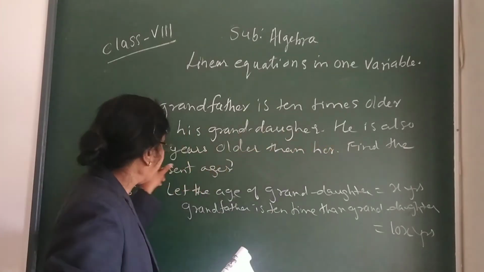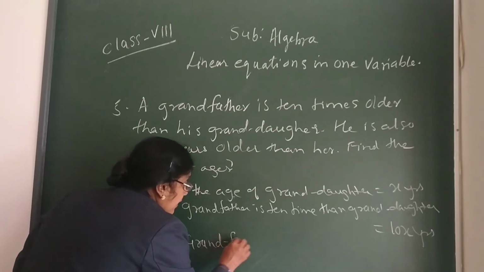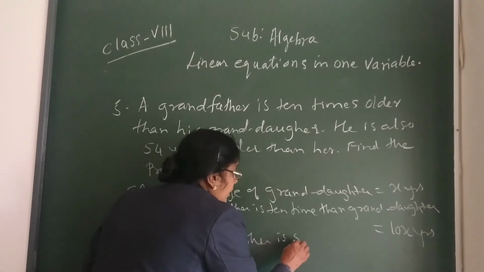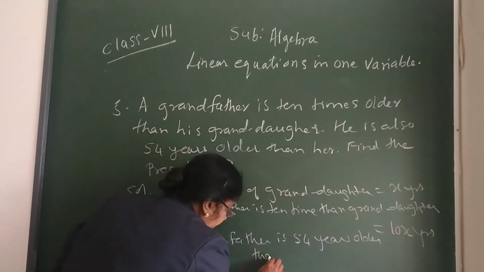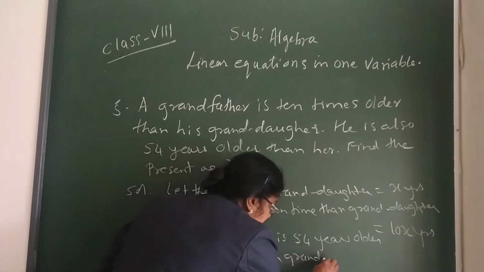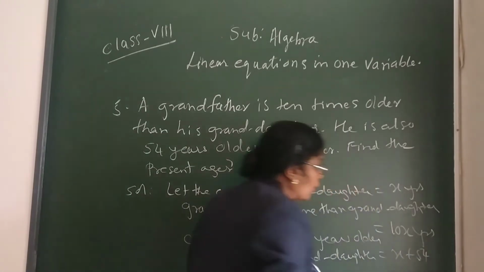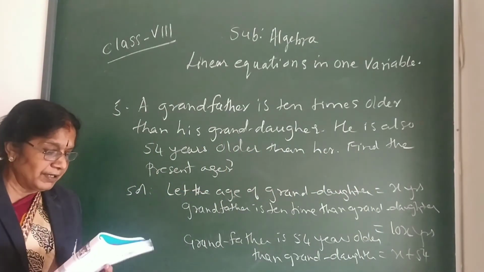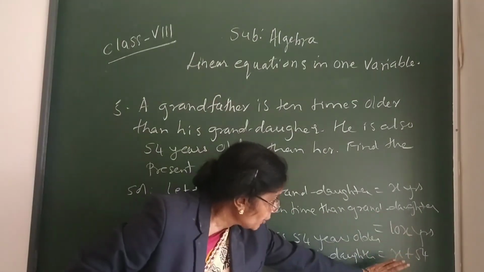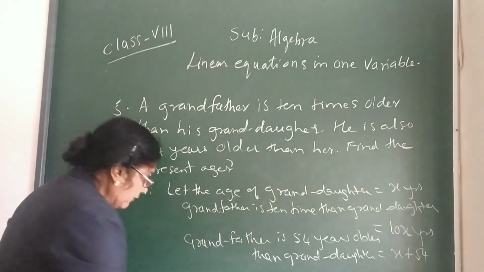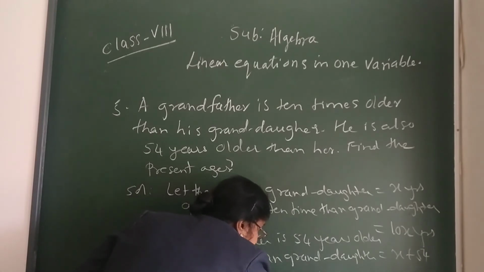Grandfather is 54 years older than granddaughter, so you can show this as x plus 54. That means the grandfather's age 10x should be equal to x plus 54. That will become your equation: 10x is equal to x plus 54.